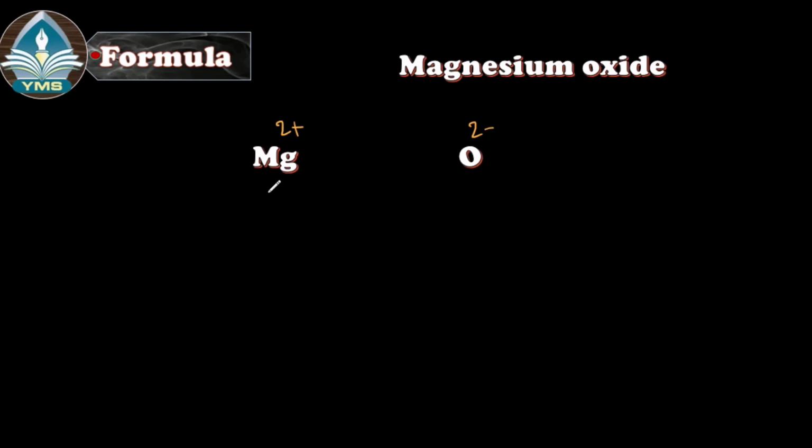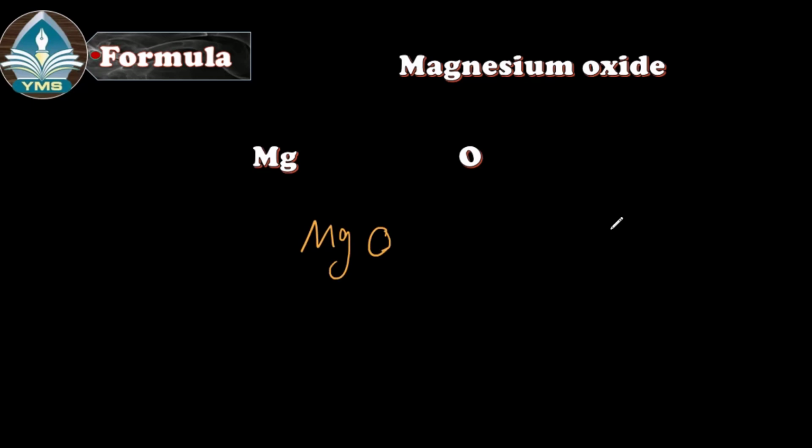Now, 1 atom of magnesium, because it has 2, will balance 1 atom of oxygen because it has also 2. So we will not write any charge for them because they balance each other. So the formula of magnesium oxide will be MgO.